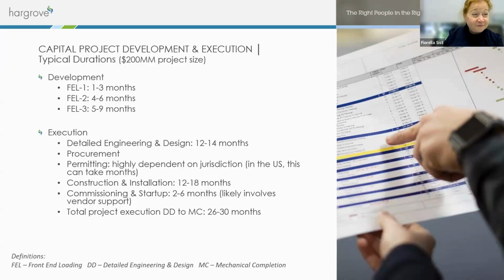An FEL1, right? This is the preliminary economic assessment, 1 to 3 months, all right? Once you've achieved that, you have your green light, red light. Does it make sense? You have your plus or minus 50% TIC. Then you're looking at your FEL2, your feasibility. That is 4 to 6 months, right?